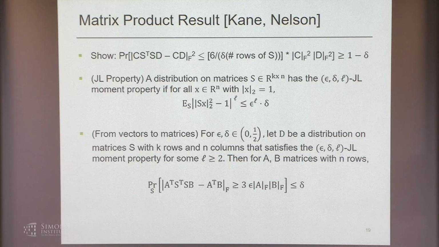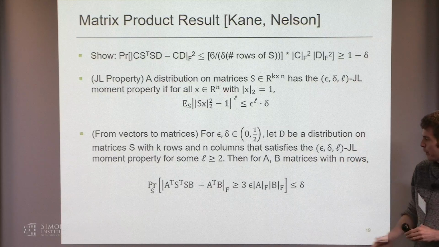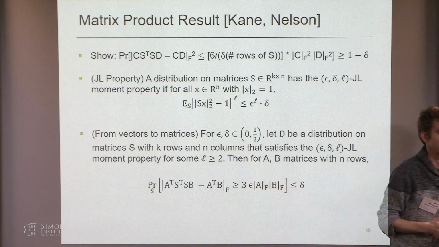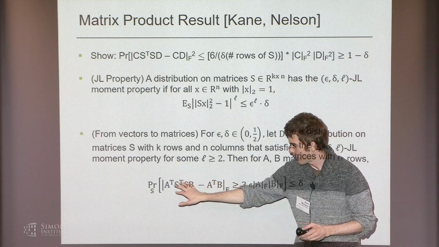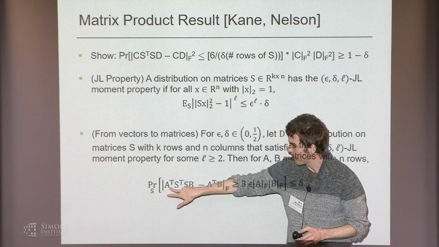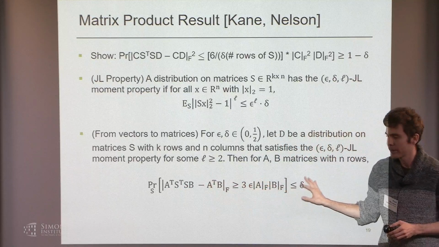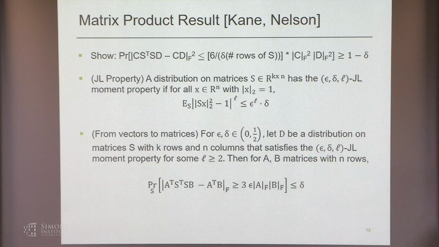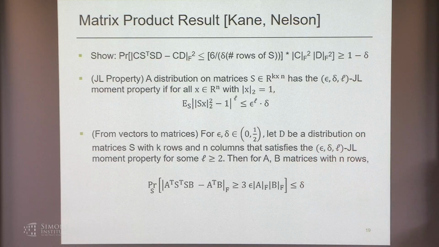Then for any fixed matrices A and B with n rows, so you can multiply them, you get this approximate matrix product guarantee: the probability over S that the norm of your approximate matrix product A transpose S transpose S B minus A transpose B is large is small. So it's the same number of rows that you use in your JL moment property, and you just directly apply it to matrices, and you get this statement about matrices.